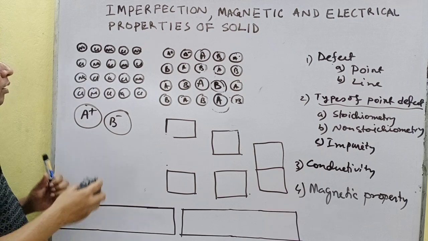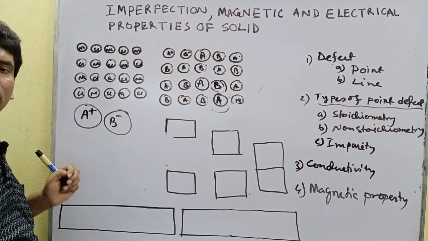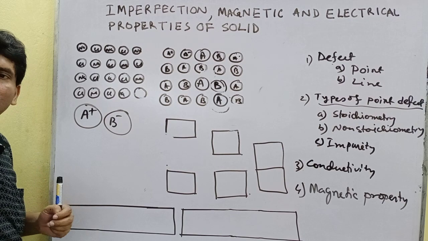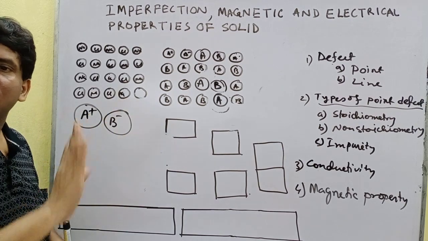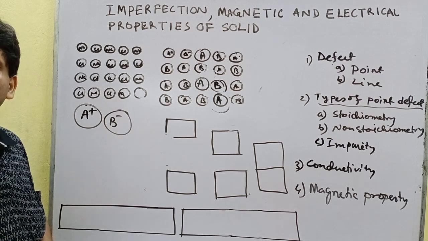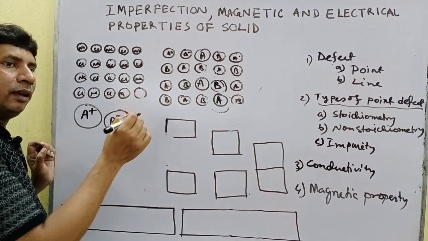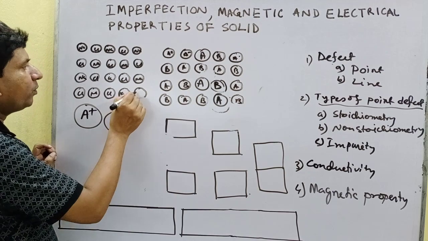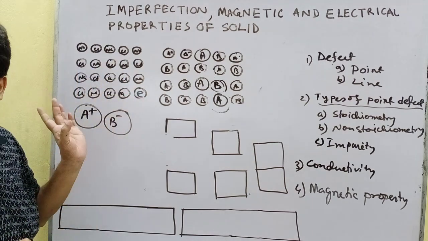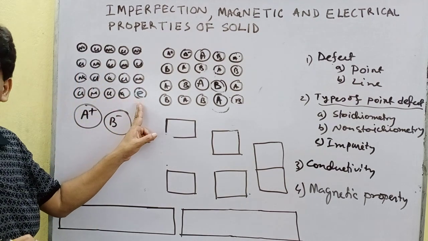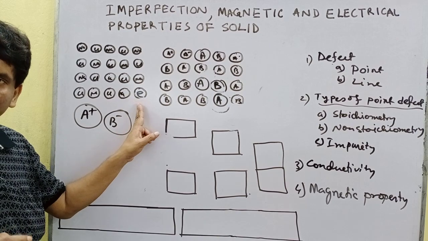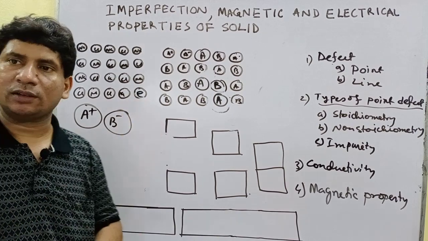If the sodium chloride structure is heated with sodium vapor and chloride leaves the system, then in the position of chloride there is just one electron, so the charge is the same. Chloride means one negative charge, electron means one negative charge.